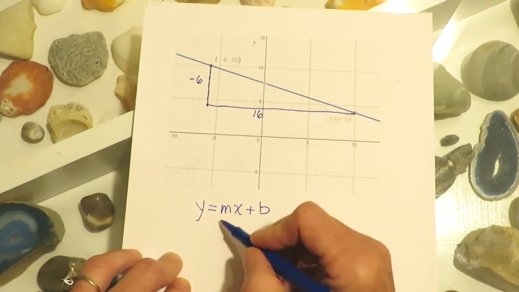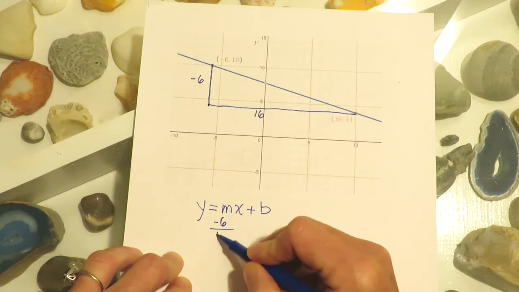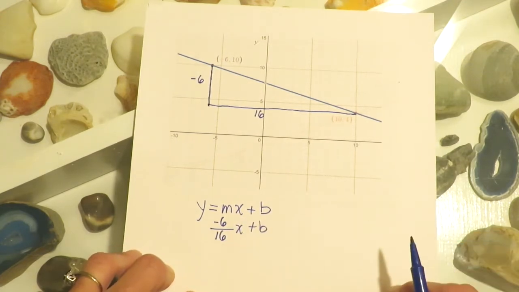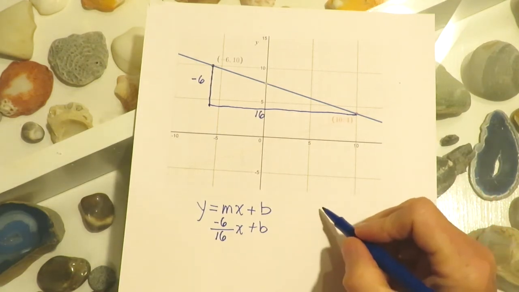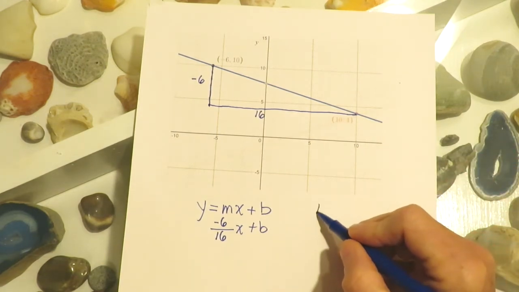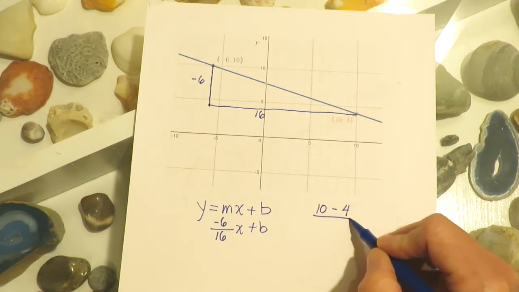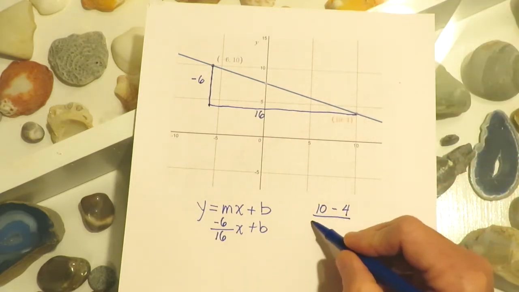So my slope is the change in the y's divided by the change in the x's. If you don't have a graph handy and it's not so easy to just see the differences, you always can just do the computation. I take one y value and I subtract the other y value, and then I consistently work with those same x's.